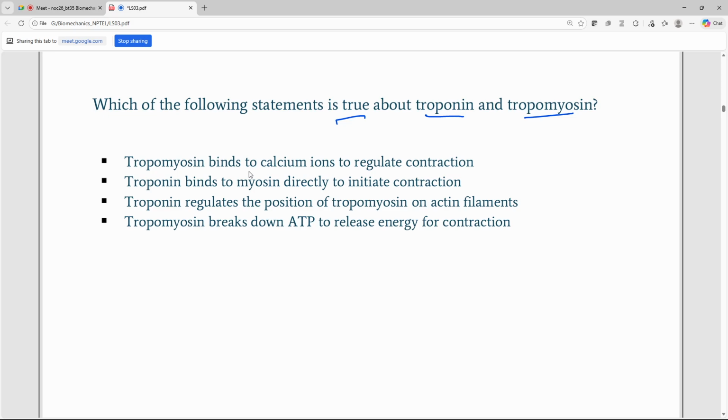Troponin regulates the position of tropomyosin on actin filaments. Tropomyosin breaks down ATP to release energy for contraction. You can inbox the answers.